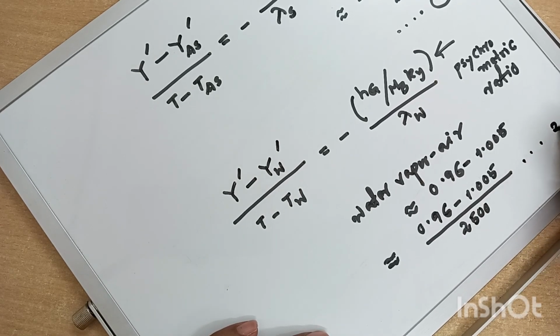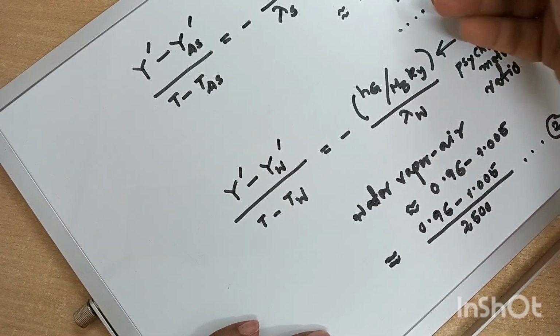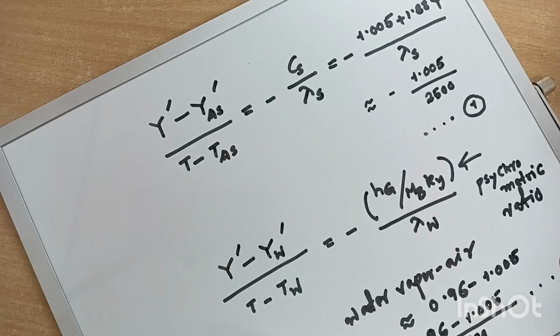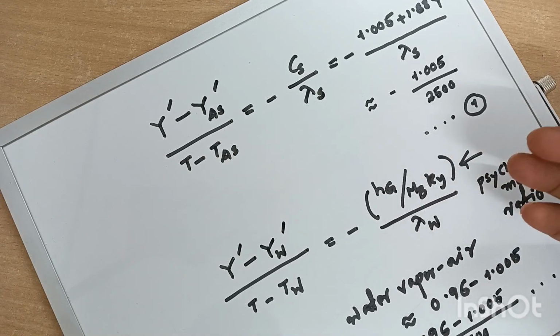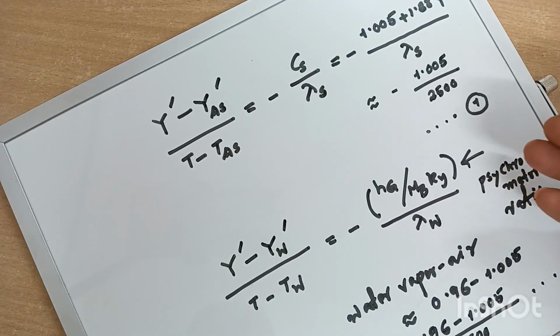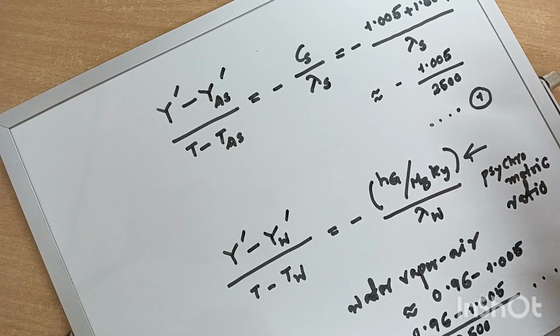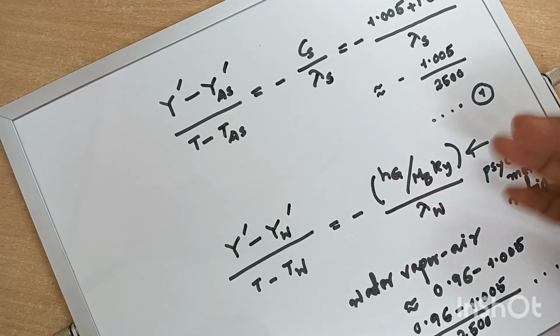So let it be equation 2, and if you compare equation 1 and 2, it's quite evident that the right hand sides are equal. For that reason, for the water vapor-air system, the adiabatic saturation lines and the wet bulb temperature lines are the same, and this is true only for the water vapor-air system and not for, suppose, organic vapor in air or any other cases.